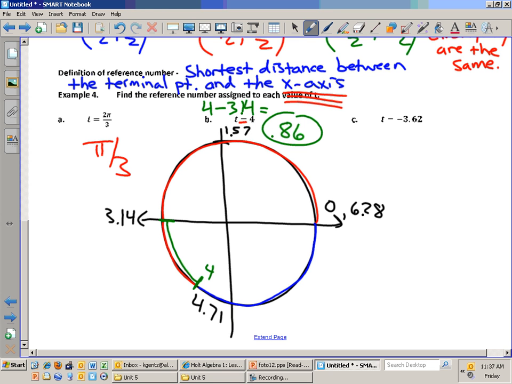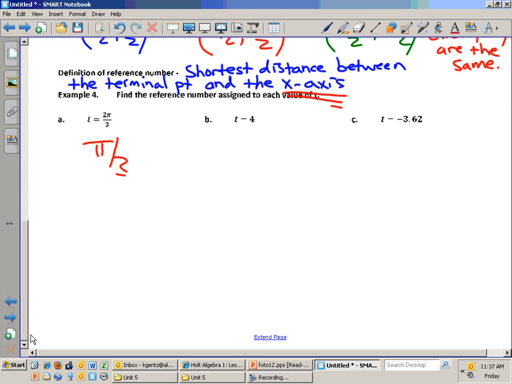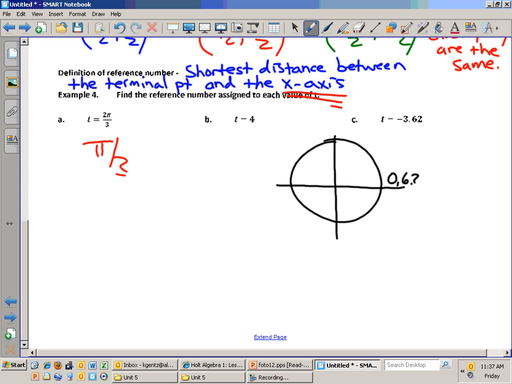And we have time to do the last one. T equals negative 3.62. Again, I'm going to draw my graphic. Negative 3.62. This would be 0 or 6.28. This would be 1.57. This is 3.14. This is 4.71.